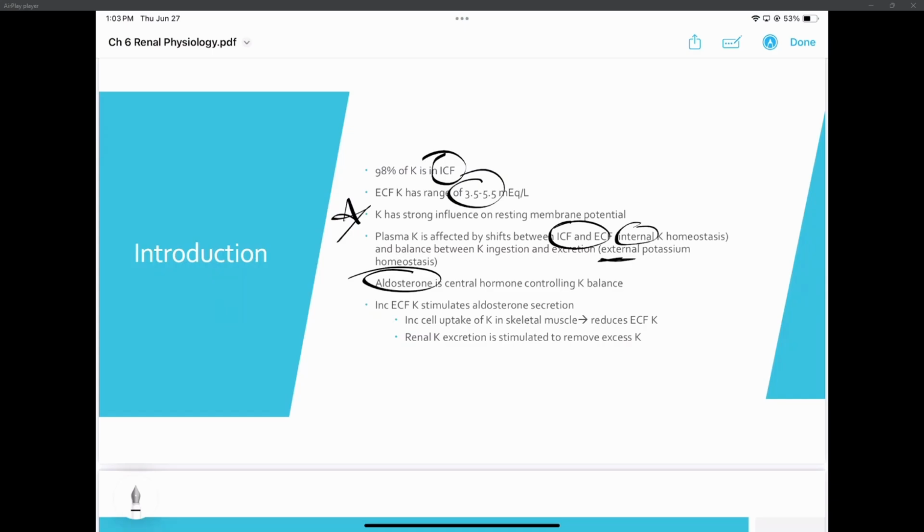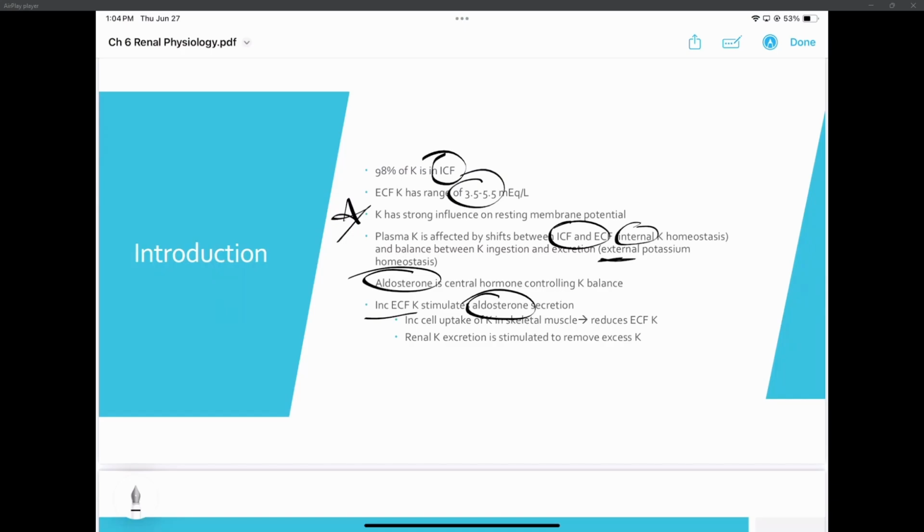If we increase our extracellular potassium, it's also going to stimulate aldosterone secretion by itself. So not only will aldosterone come out via the renin system, but if potassium by itself starts to go up, aldosterone comes out. Why is it important that aldosterone comes out? What's aldosterone going to do to that potassium? What does aldosterone promote? Sodium reabsorption and potassium loss.